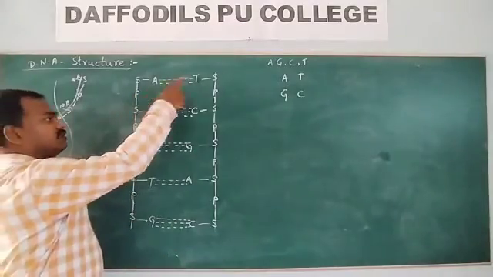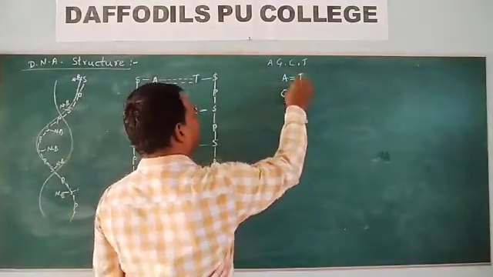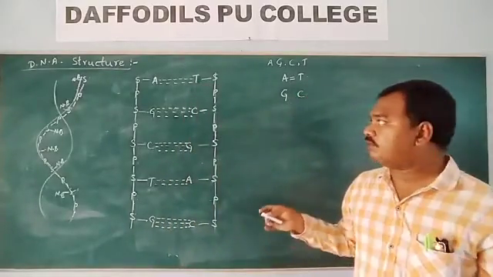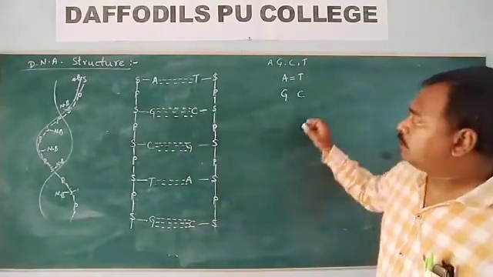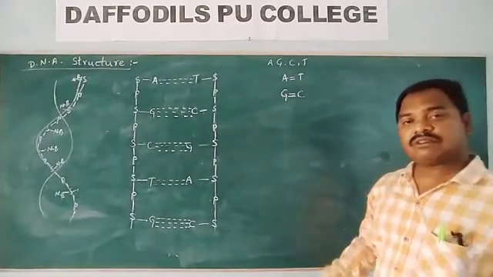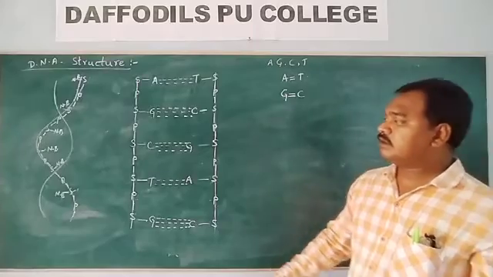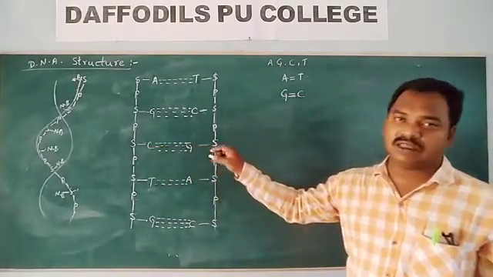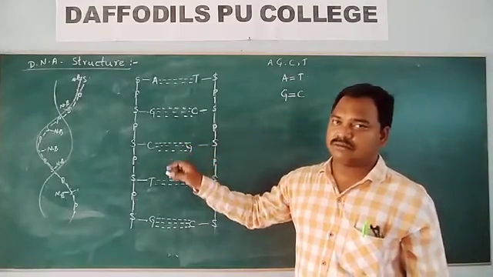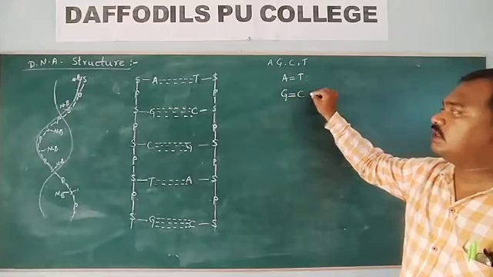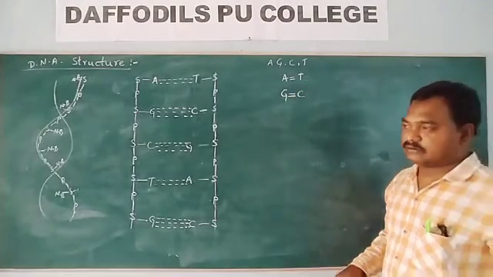The number of adenine groups is equal to the number of thymine groups. The number of guanine groups is equal to the number of cytosine groups, because if you see the cytosine, you can see the guanine also.